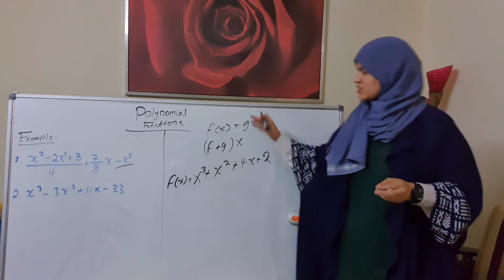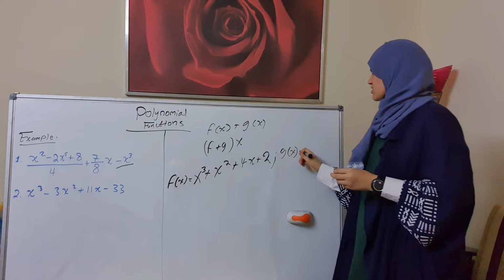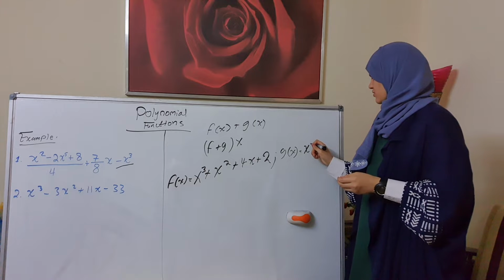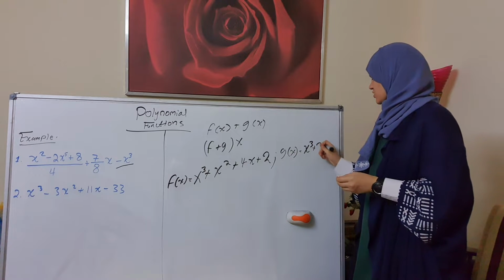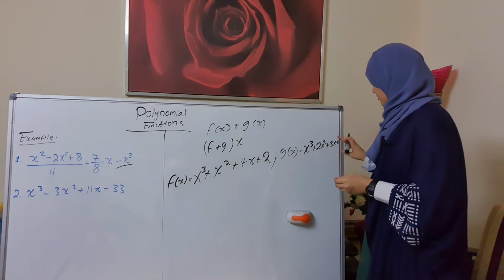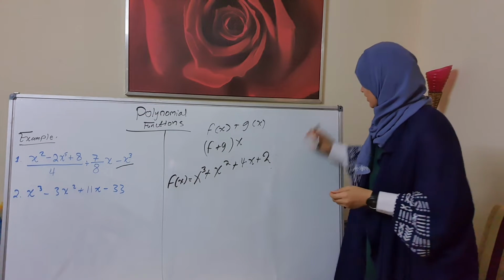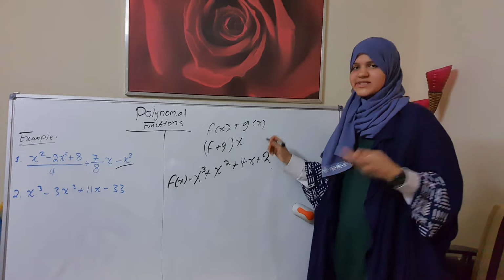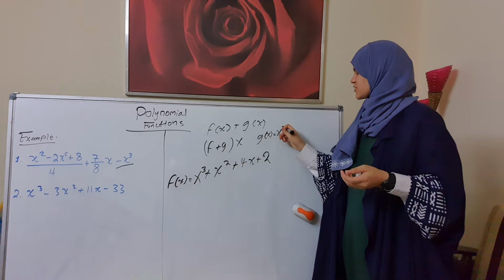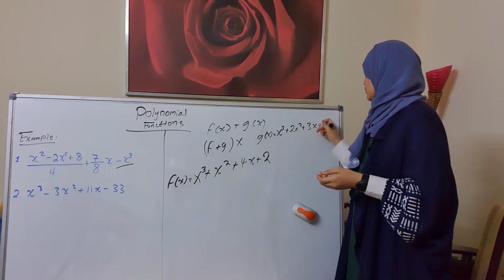Now g of x, what can it be? x to the power of 3 plus 2x squared plus 3x plus 1. Okay, let's write it up here to make it clear. g of x is equal to x cubed plus 2x squared plus 3x plus 1.